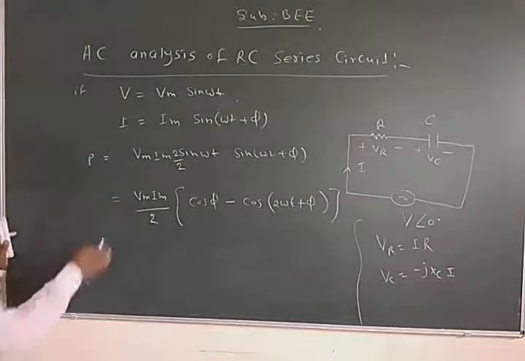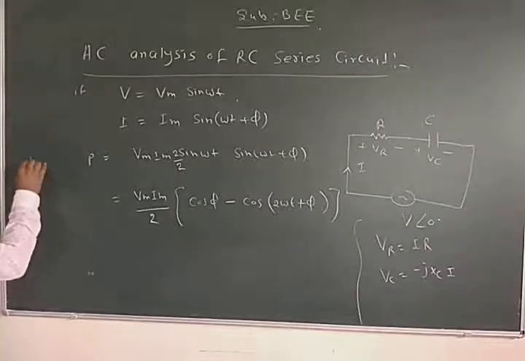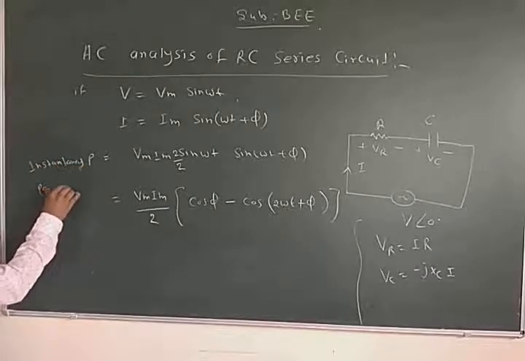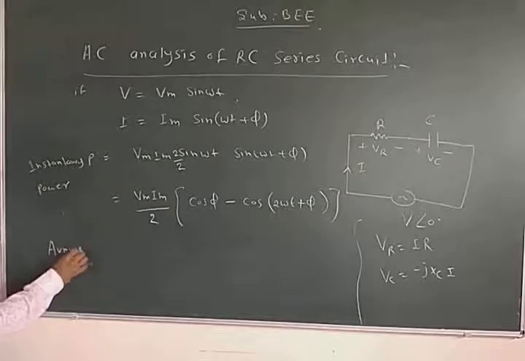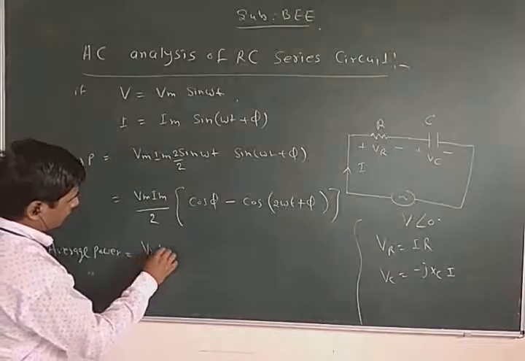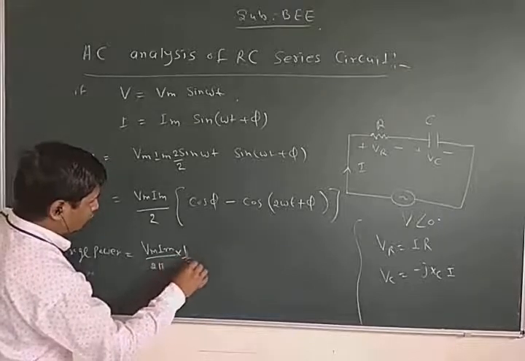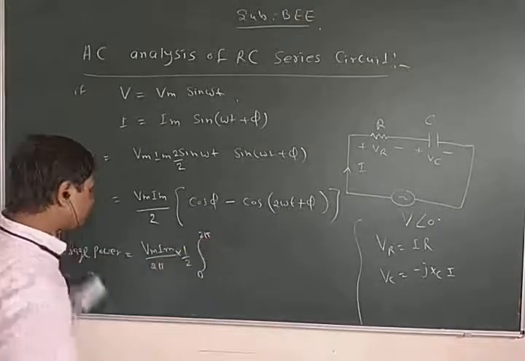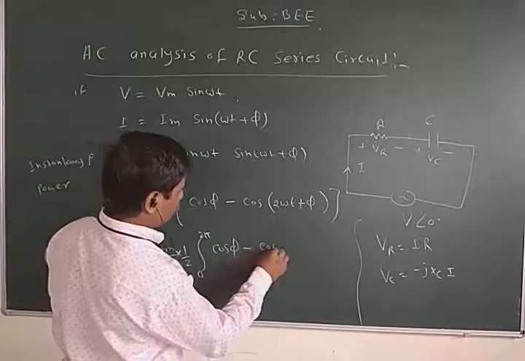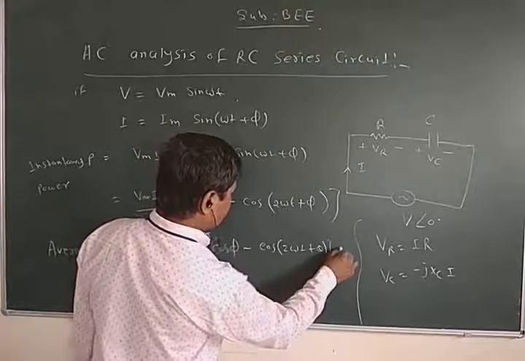Now for time period 0 to 2 pi, this is the instantaneous power. Average power is equal to Vm Im by 2 pi into 1 by 2 integration 0 to 2 pi of [cos phi minus cos (2 omega t plus phi)] d omega t.